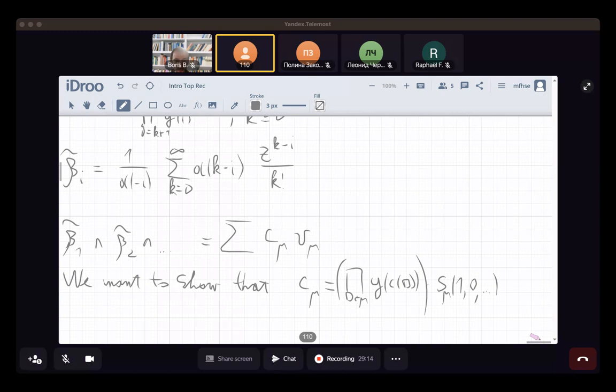What was our... Okay, so the claim is that a of k over a of l is easily represented as the product over I from k plus 1 to l of 1 over I. Do you agree? This comes directly from the definition of A.